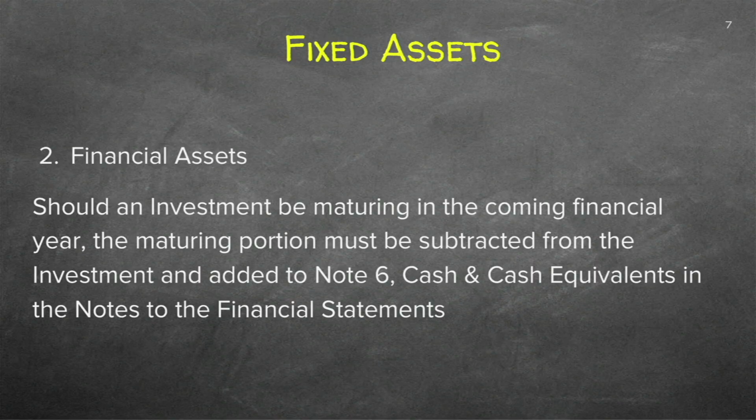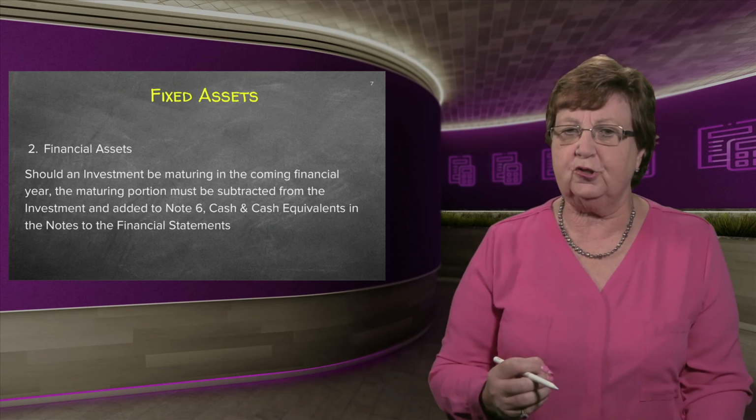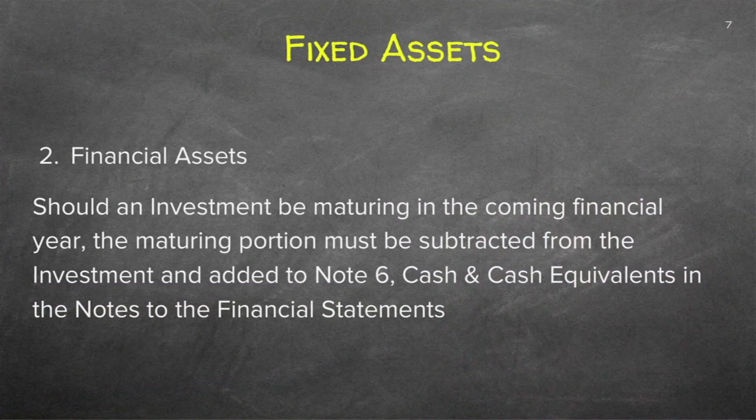So the portion that is maturing, we have to convert from a fixed asset to a current asset, and that will be shown in note number 6, cash and cash equivalents. So let's go over that.